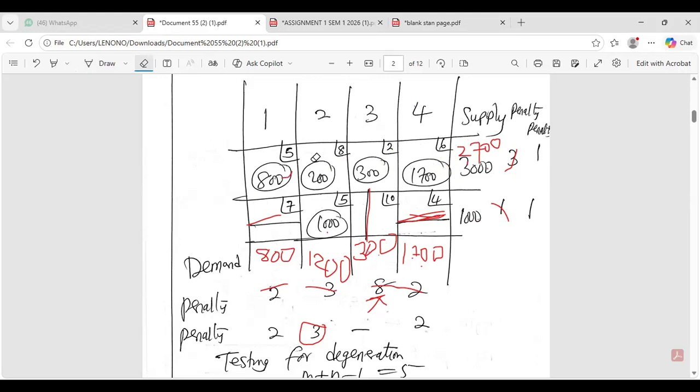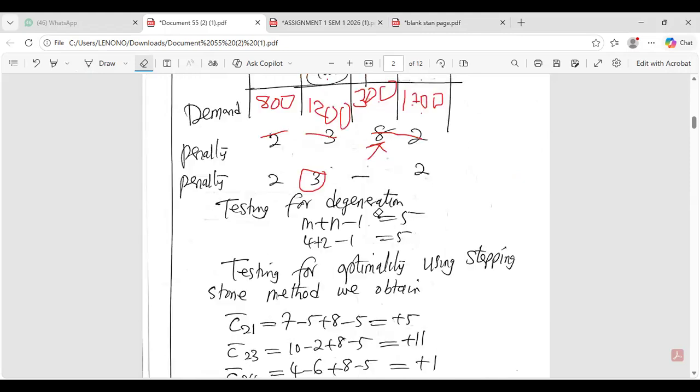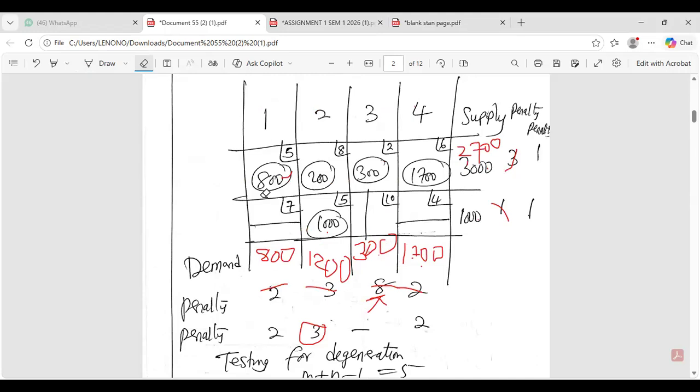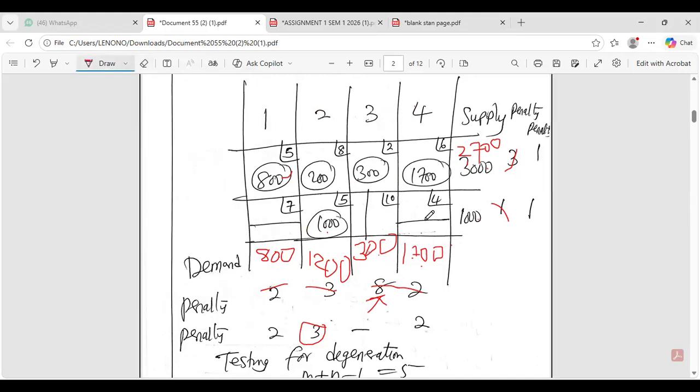So 1, 2, 3, 4, 5. Okay, so the testing for optimizing using the stepping stone method. These filled numbers are called basic variables, and then empty cells are non-basic variables. So these empty cells, this one is an empty cell, this one is an empty cell, this one is an empty cell.